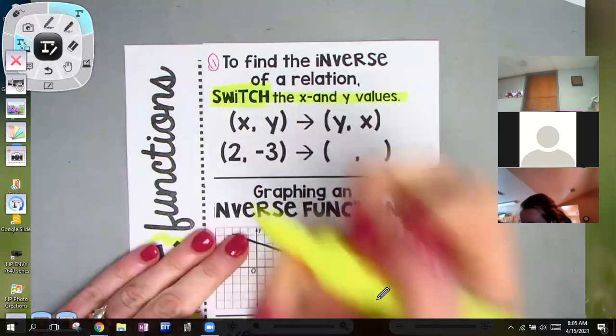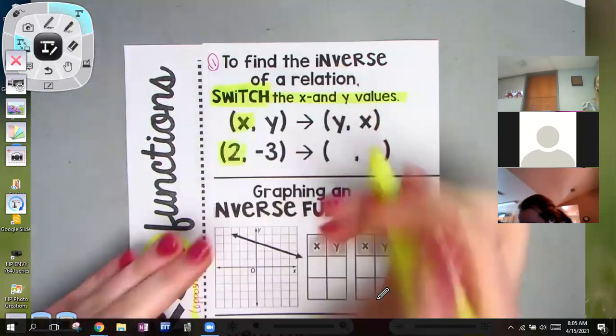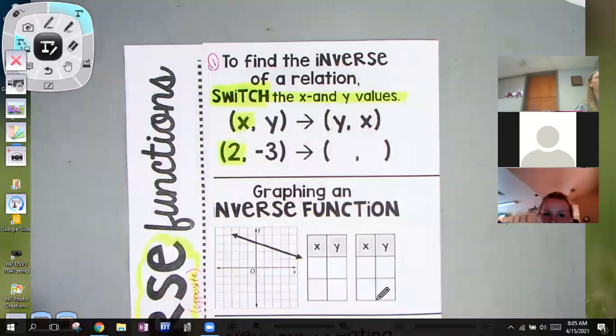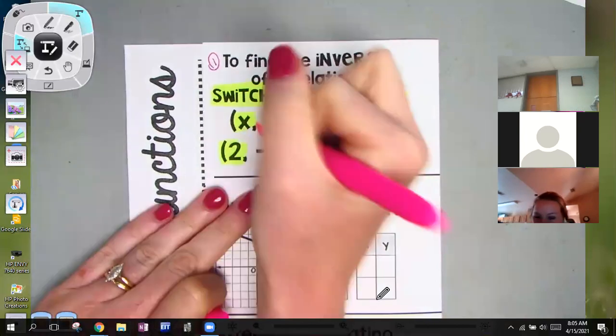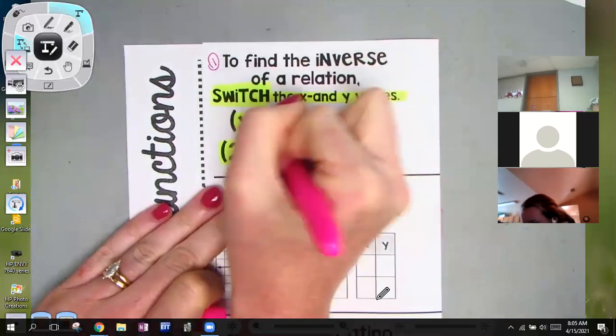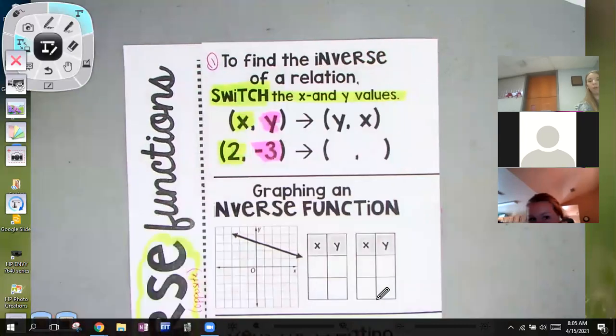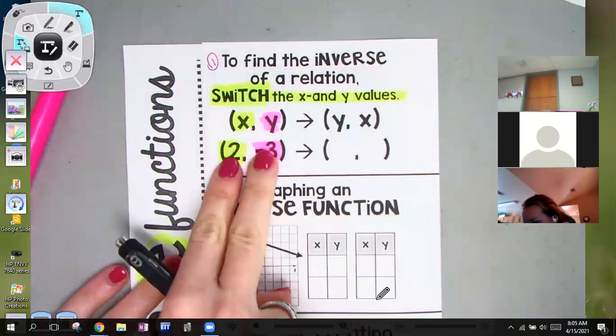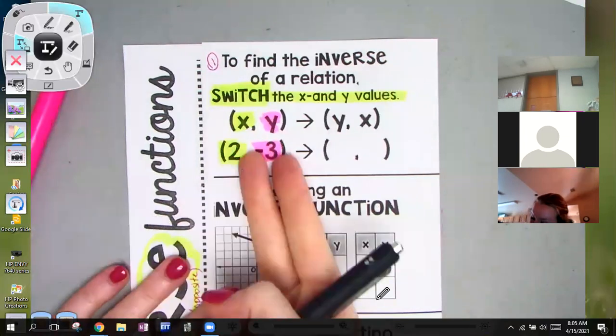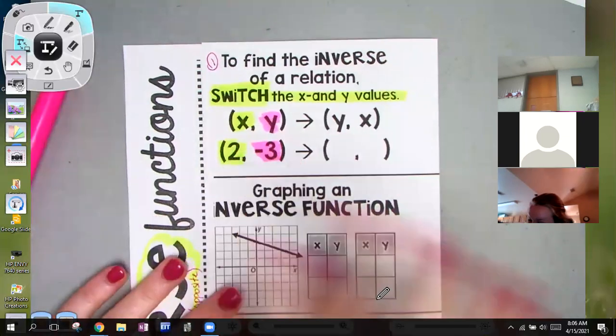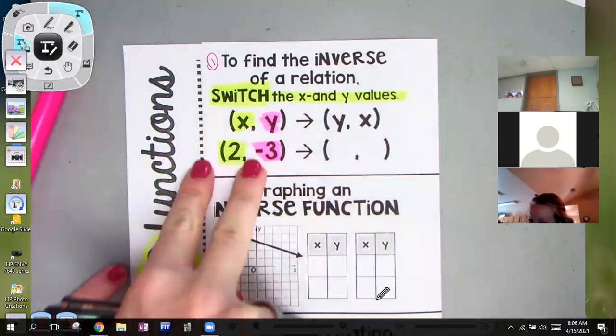So we can say our x value is 2 and our y value is -3. If we were finding its inverse, you are simply going to switch them. Now you're not going to change anything with the signs. You're literally going to just switch places.